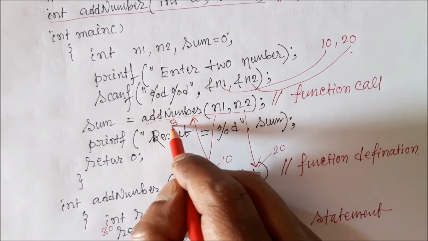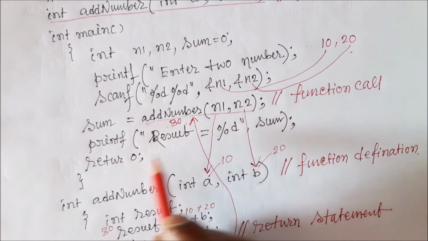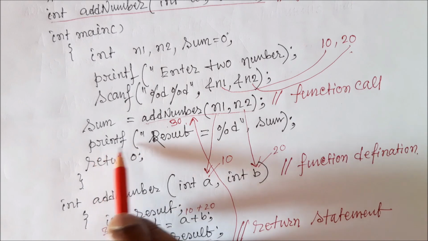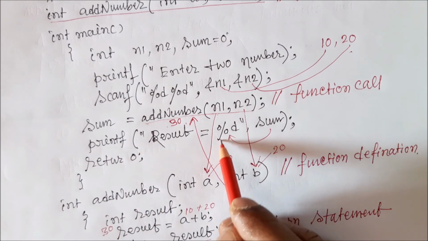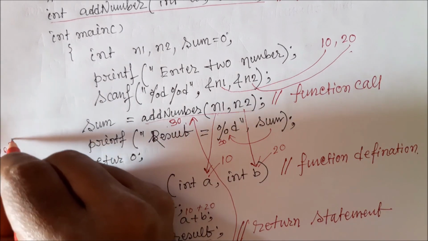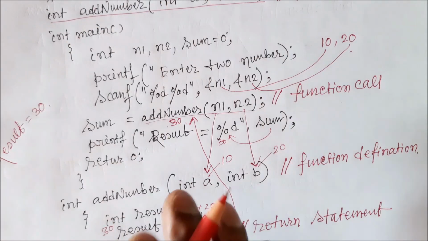So sum equal to 30, and after this line, if I use the printf statement, sum 30 will be printed and the output is result equal to 30. So, that is the programming flow.